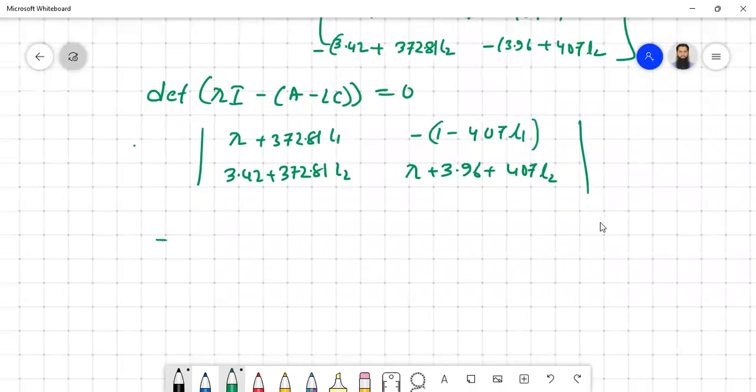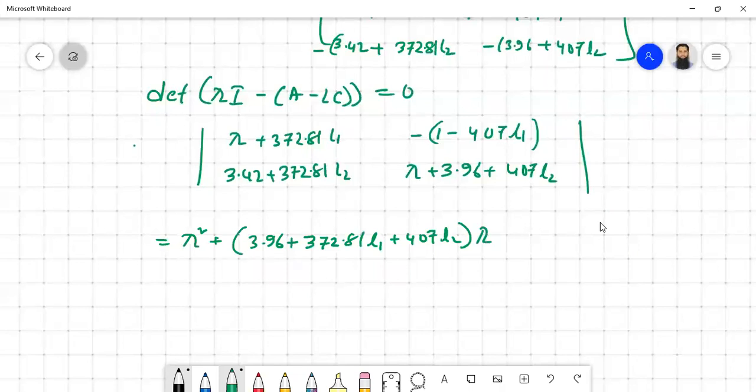So you're going to get lambda square plus 3.96 plus 372.81 L1 plus 407 L2 lambda plus 3.42 plus 84.39 L1 plus 372.81 L2. So this is your lambda square, some lambda term, then the constant term.